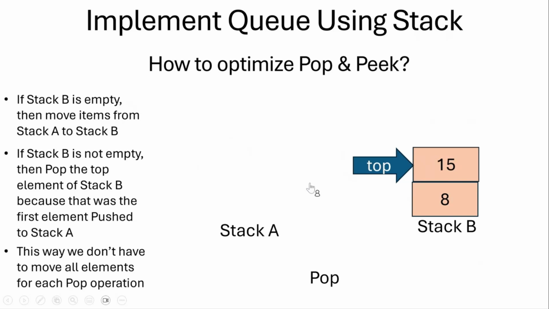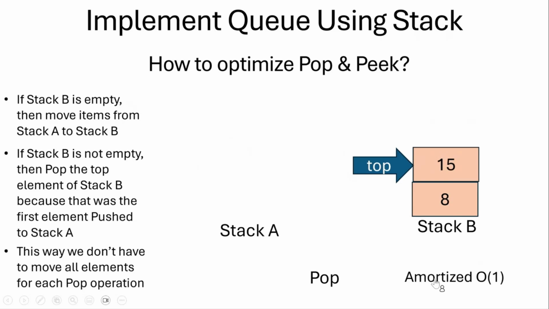So now we can see that the time complexity became amortized O(1). Why amortized? Amortized means average. Because only when stack B is empty do we need to move elements from stack A to stack B, and in that case only the complexity is O(n). But when stack B has some elements, the time complexity will be O(1) only, because we need to give the top element only.